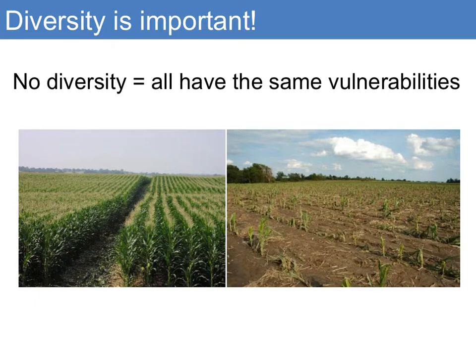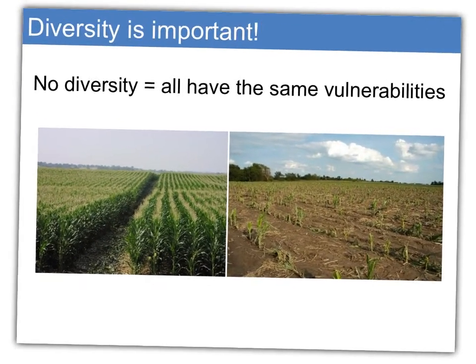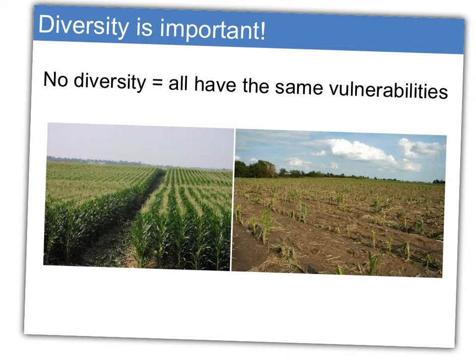So here's, let's say, rows of corn, healthy on the left. On the right, maybe it was a drought, maybe it was a pathogen, whatever it is. Since all these corn are almost identical to each other, anything that comes in, and if they don't have natural resistance, they're going to have a problem.